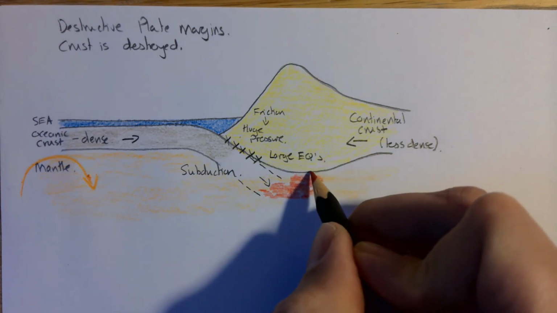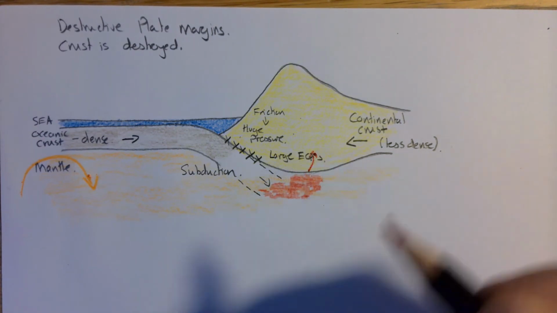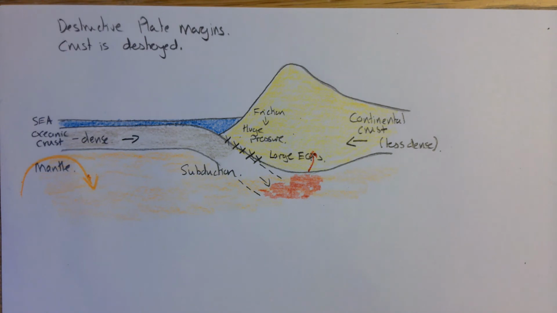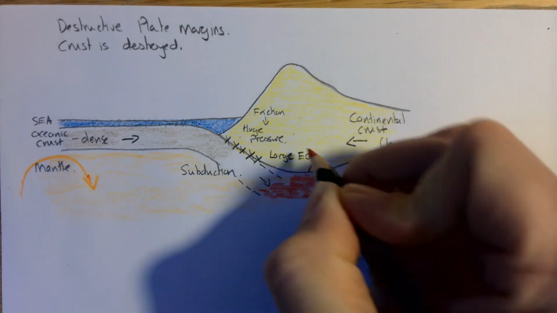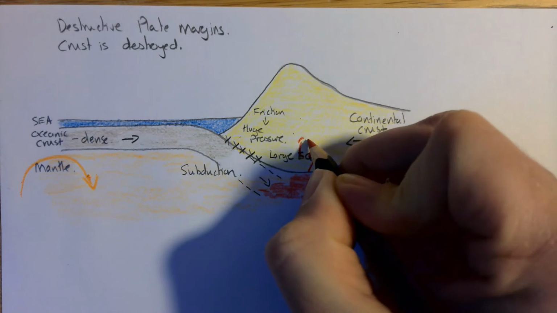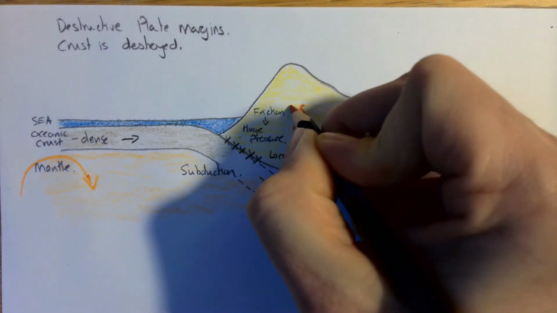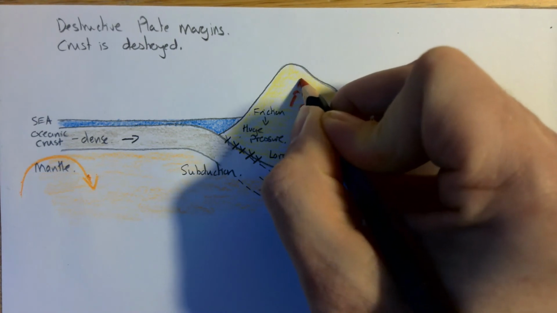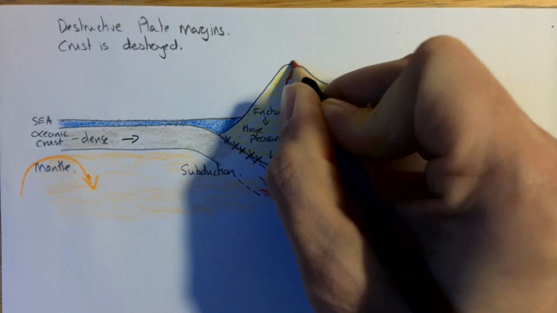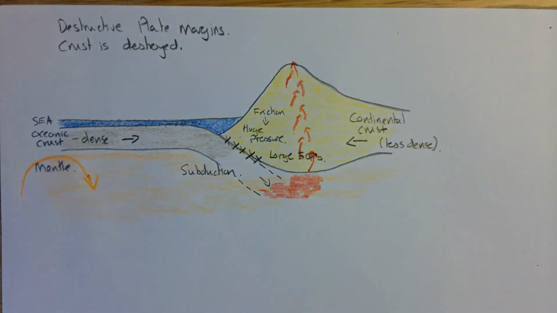That magma then rises through the continental crust, and you know where this is going, to eventually break through the surface and form volcanoes.